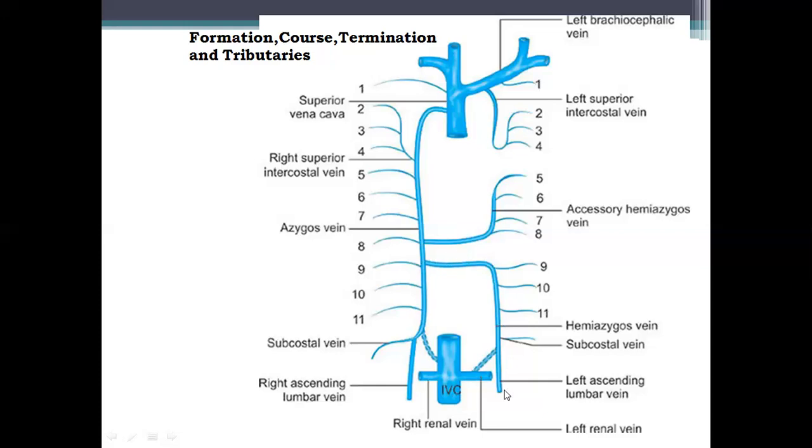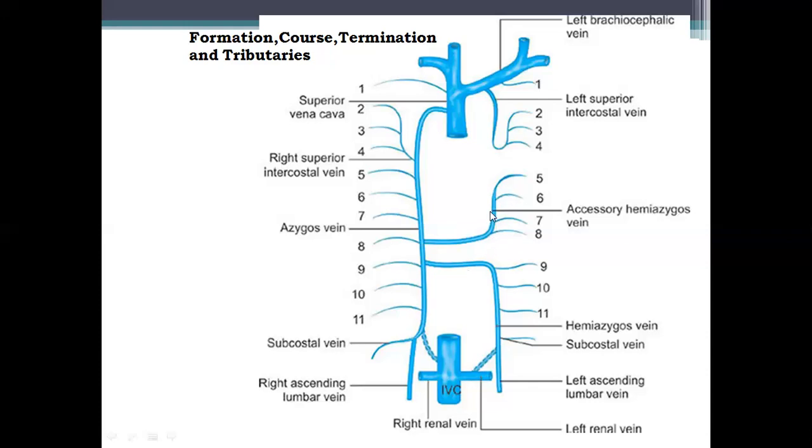So the tributaries of this hemiazygos vein would be the lower 3 posterior intercostal veins, that is 9, 10, and 11, and then the left subcostal vein, left ascending lumbar vein, and some small esophageal and mediastinal veins. Okay. Now we'll see the accessory hemiazygos vein. The accessory hemiazygos vein begins at the medial end of the 4th or 5th intercostal space. It then descends along the left side of the vertebral column.